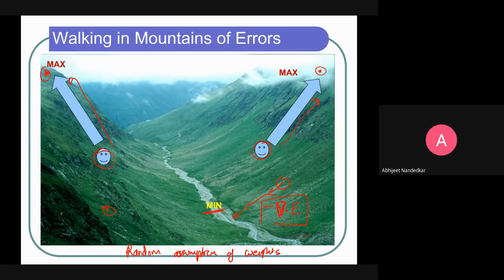Obviously, when you start with this point, reaching the minimum will take time, while from this point we can reach it quickly. So depending on where your random assumption starts, the neural network will take that much time.